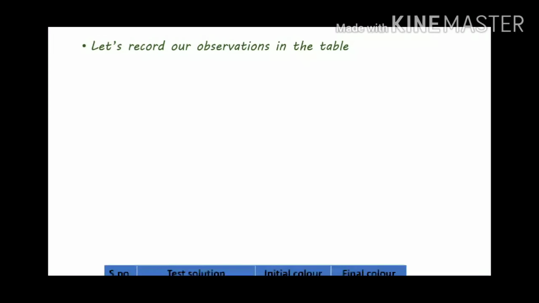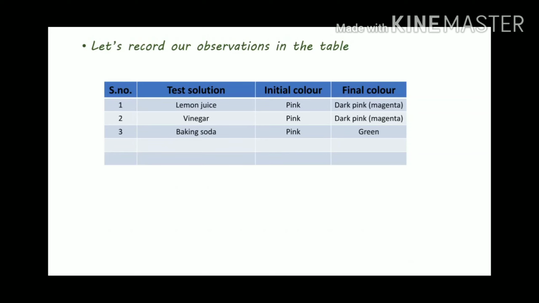Let's record our observations in the table. Test solution is baking soda. Initial color of indicator is pink and final color is green. So we can say that baking soda is basic in nature.